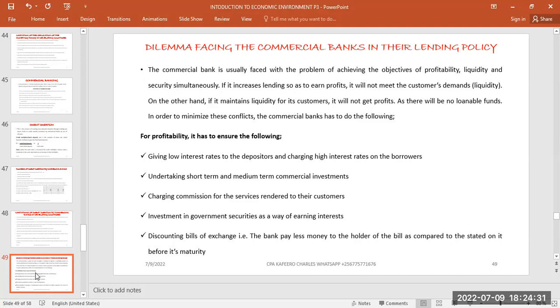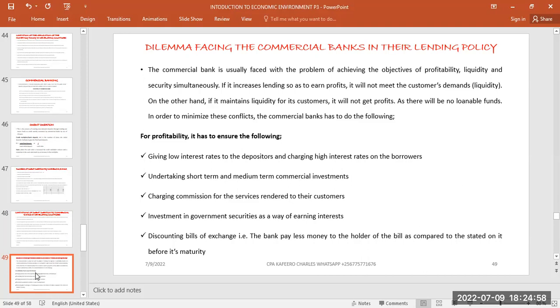Someone can give you a bill of exchange. Let's say he gives a bill of exchange of 10 million, because the person is settling a debt or paying someone. What the banker does, if at all it wants to get this profit, is discount this bill of exchange.